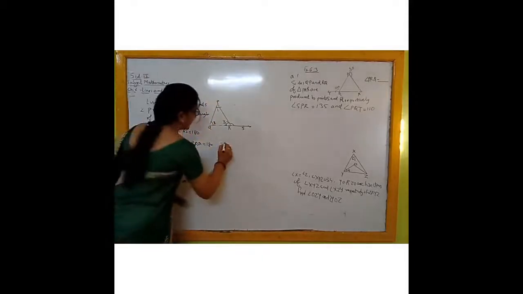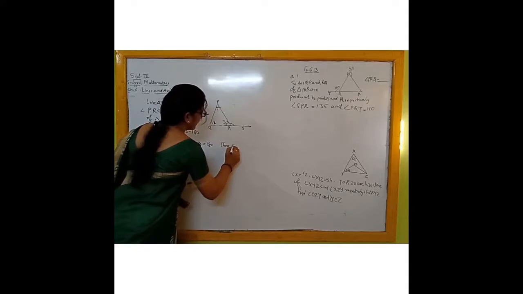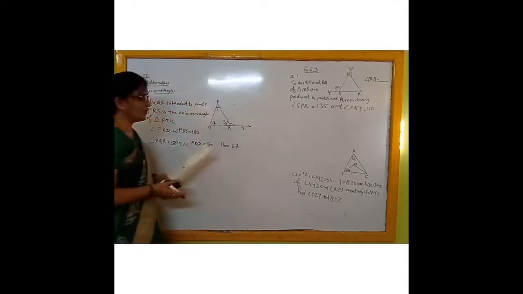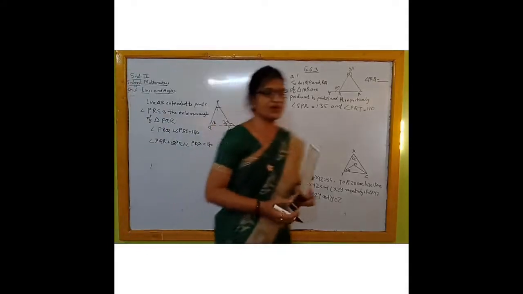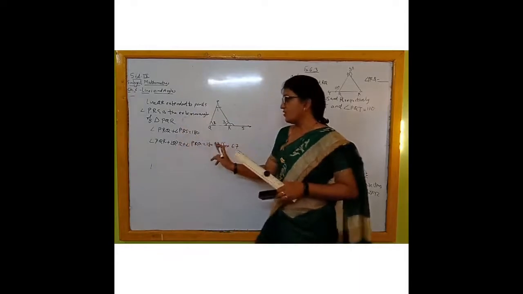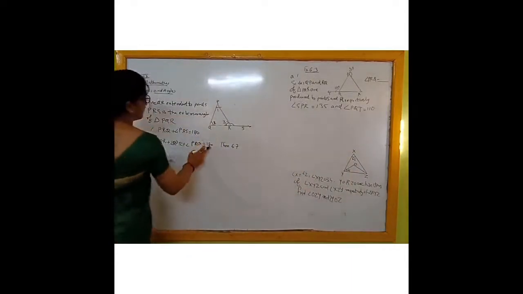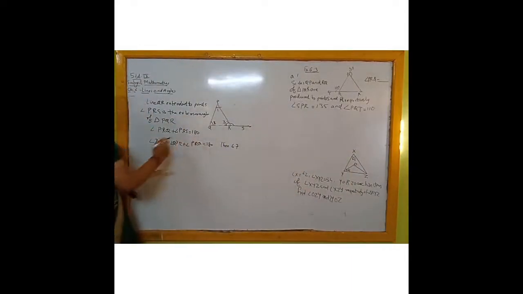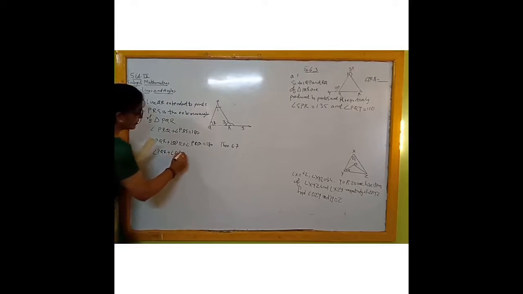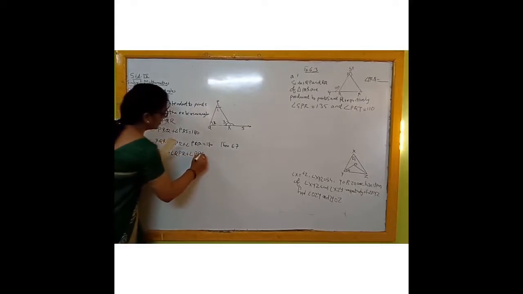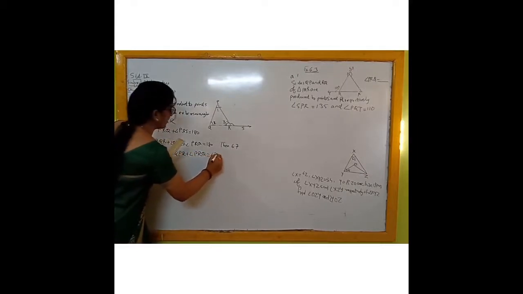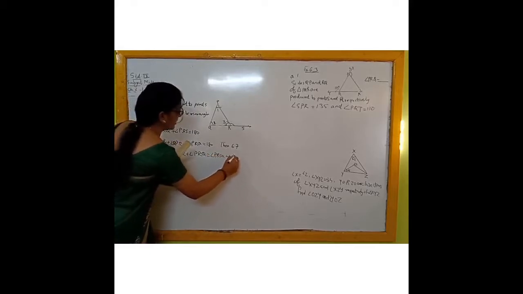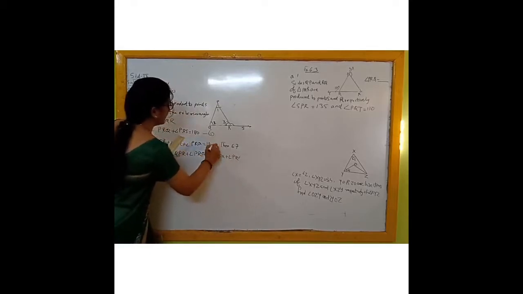This is according to theorem 6.7: the sum of the measures of three angles of a triangle is 180. So now both these sides are equal, and therefore we will equalize them. Angle PQR plus angle QPR plus angle PRQ is equal to angle PRQ plus angle PRS, from 1 and 2.